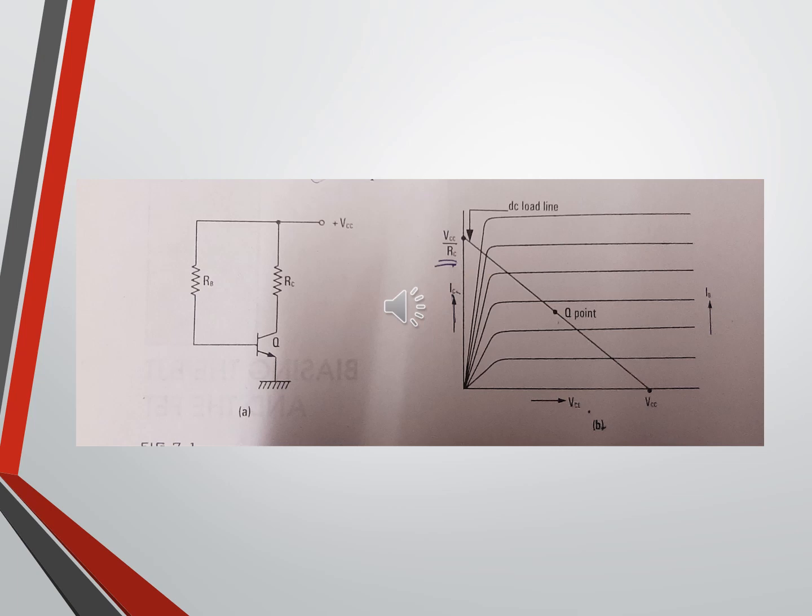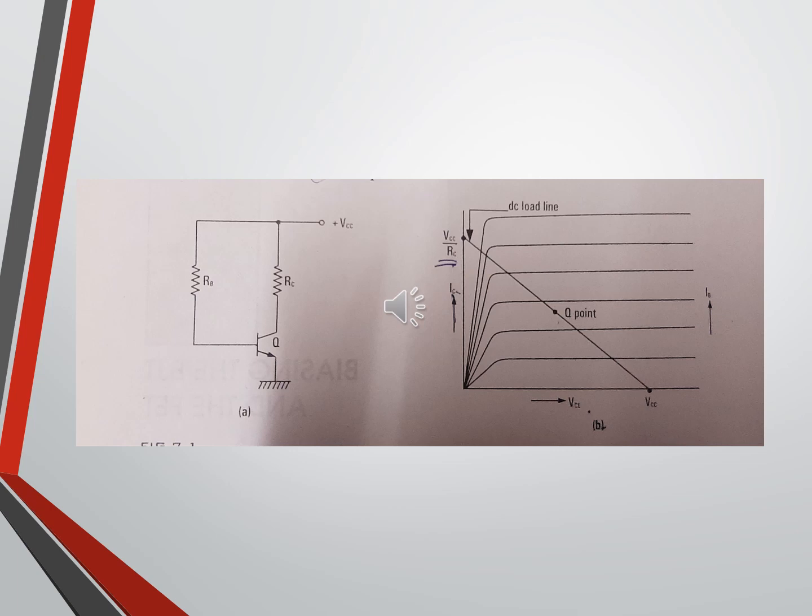Once a Q point is designed and fixed, it should remain constant irrespective of internal or external variation. If there is any variation in the Q point, that will cause the transistor to deviate from the design region of operation, and there will be some distortions in the output waveform.